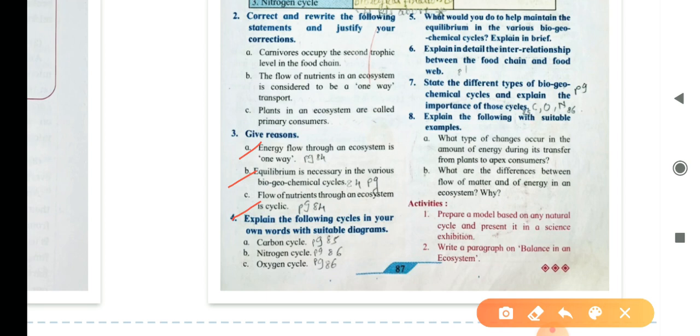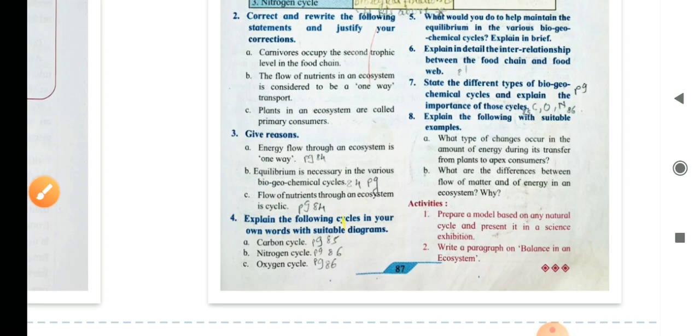Nutrients are taken up by the plants and then passed on to the consumers. Eventually, after their death, all types of consumers are decomposed by the decomposers like bacteria and fungi, and the nutrients are again released into the biosphere and used again by the living organisms. Therefore, the flow of nutrients through an ecosystem is cyclic. On page 84 you can refer and find the answers there.